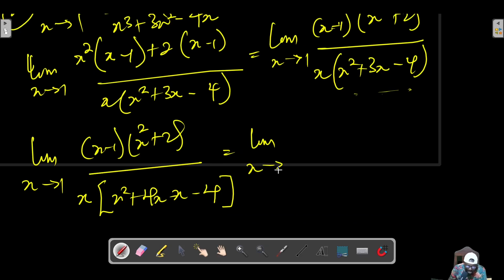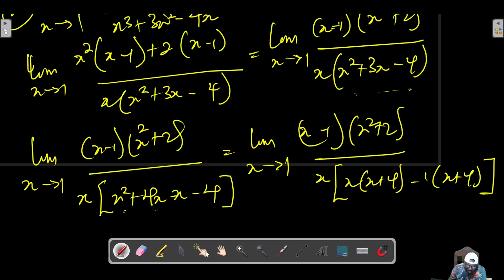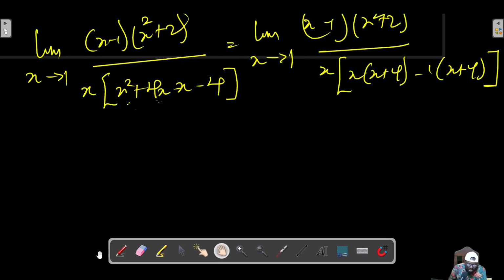So it becomes x minus 1 in parentheses, x squared plus 2 in parentheses, multiplying. Now for these, we have a common term, which is x. So you factorize x out, x plus 4 in parentheses. Now here I can factorize negative 1 out, then the job is done.